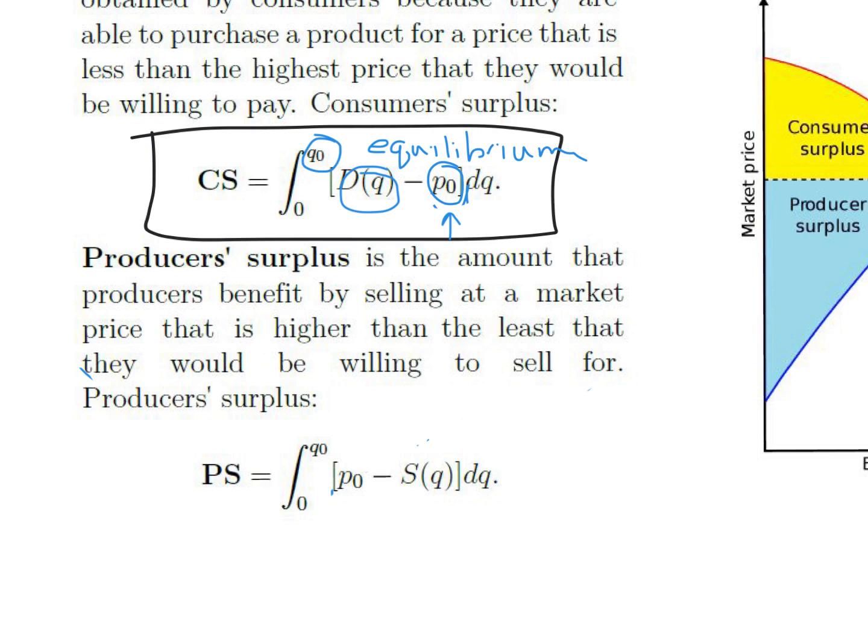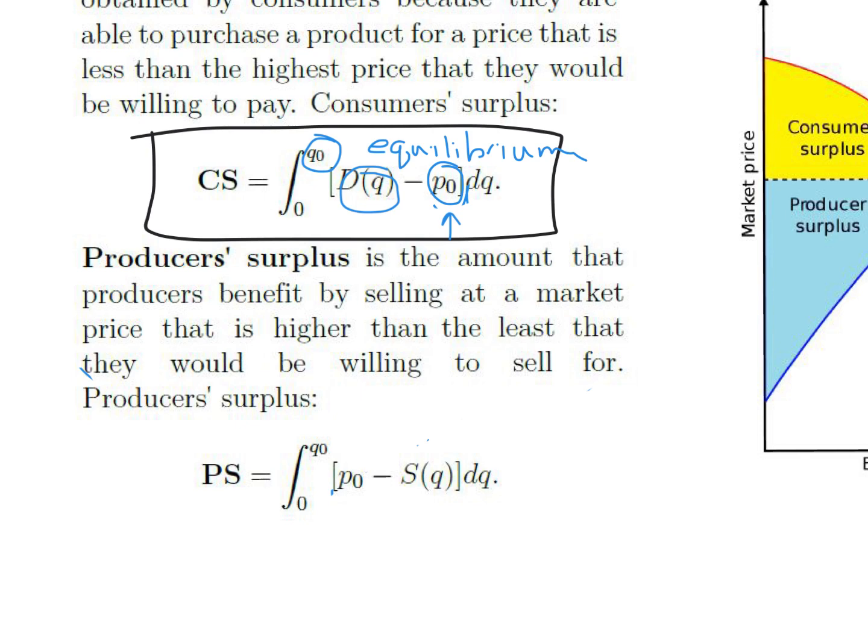The producer surplus, by contrast, is the amount of money that the producer gains by selling at a market price that's higher than the least they'd be willing to sell for. Again, because the demand is higher, they can ask a higher price. So like, hey, we got a bonus.